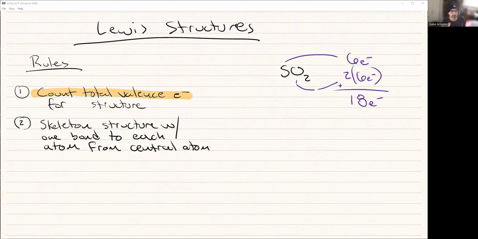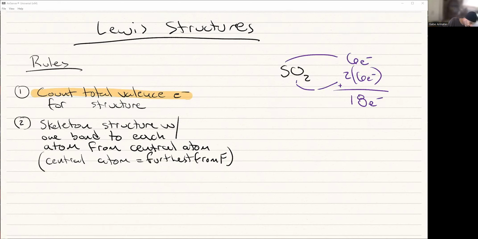So this does 2 things. First of all, this means that we have a centralized atom. In order to know which is the central atom, the central atom equals the least electronegative or most electropositive, but really is the furthest from fluorine. The one that's furthest away from fluorine is going to be the central atom.